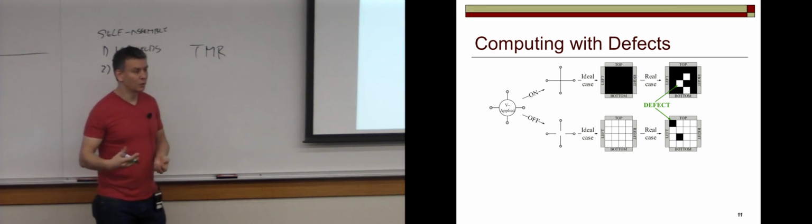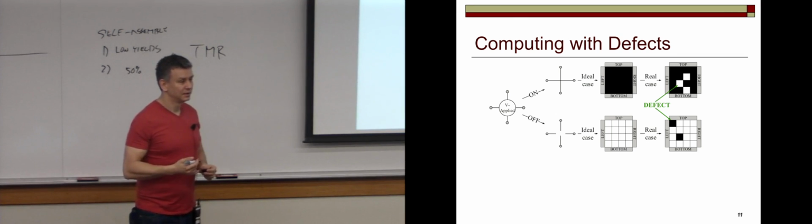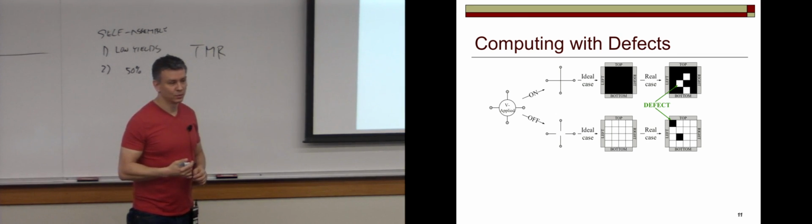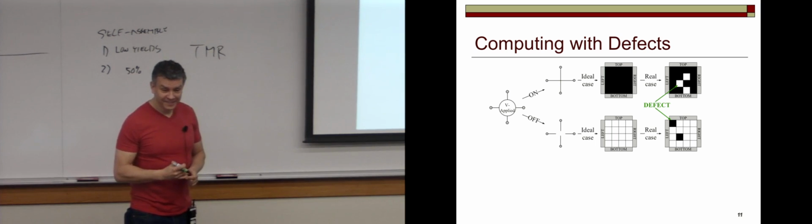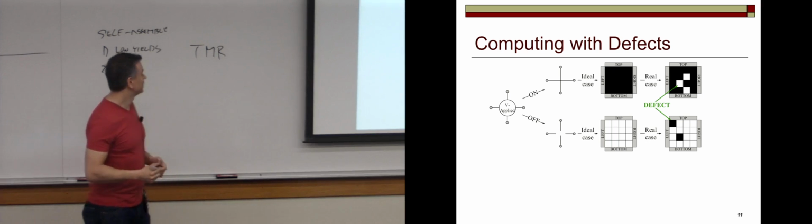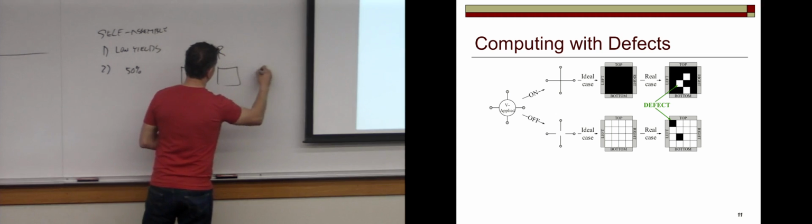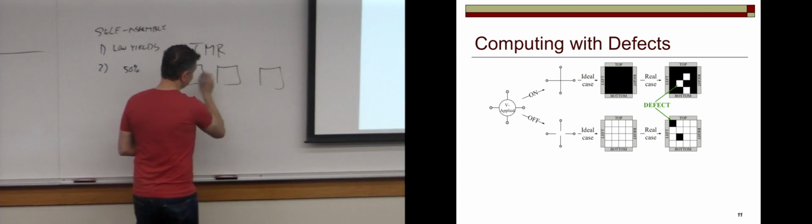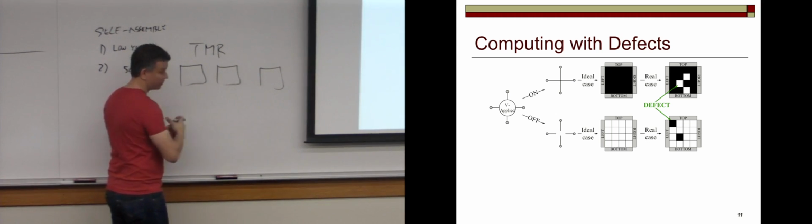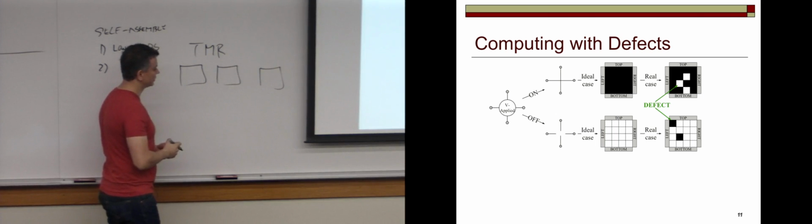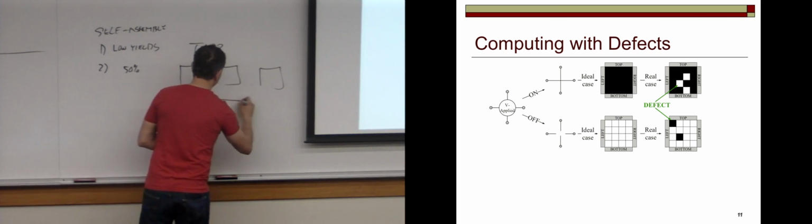So why 3 times? Why not just do it twice? Pardon? You don't know which one's right. Exactly. You have to vote, and that's what TMR is all about. So you do it 3 times. You do the exact same computation 3 times, or you triple the size of your circuitry. And then over here you have a little voting circuit.